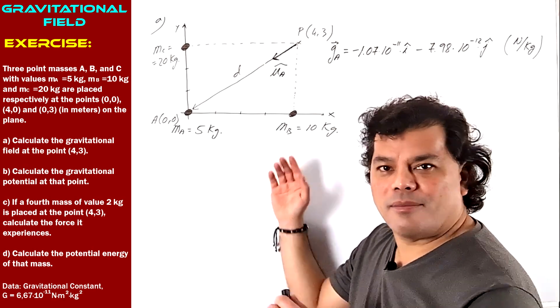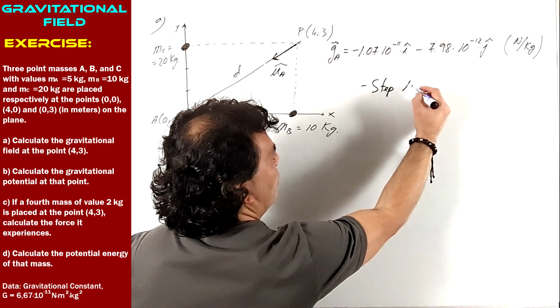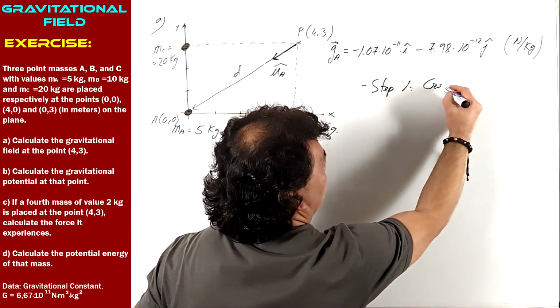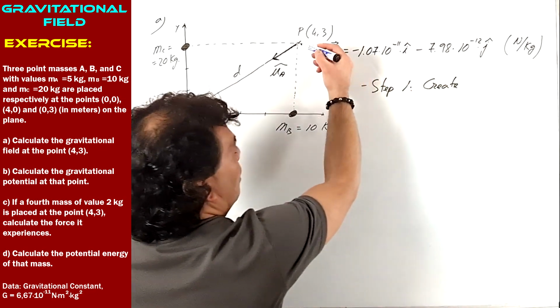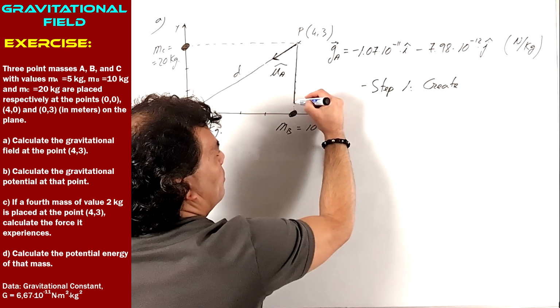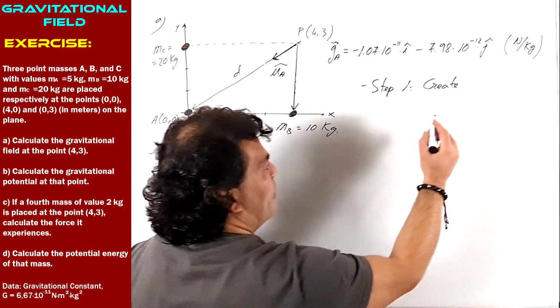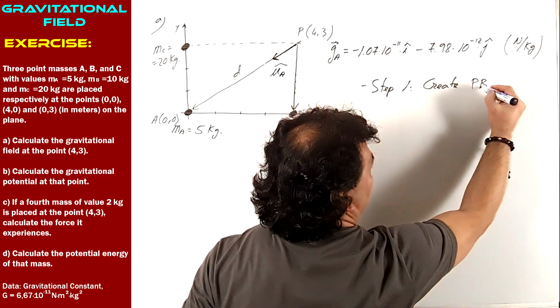And we are doing the same. Look, step number 1. Step 1, we create vector PB, that is a vector with its origin at point P and its end at point B. Create PB.